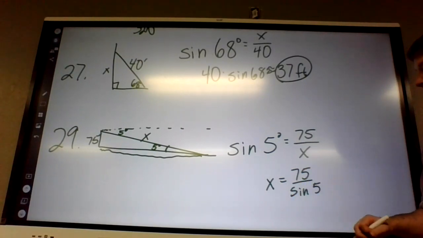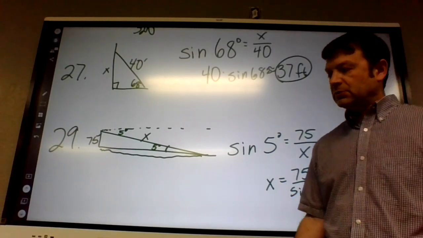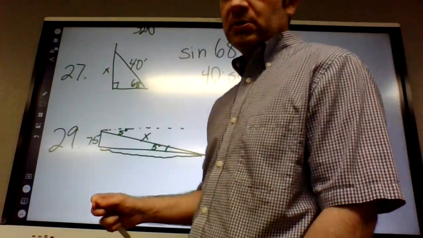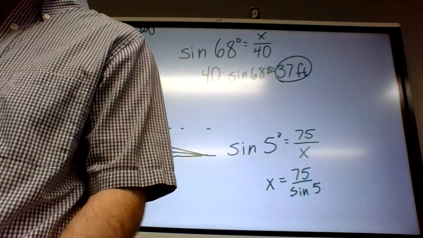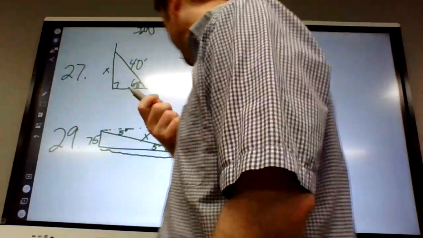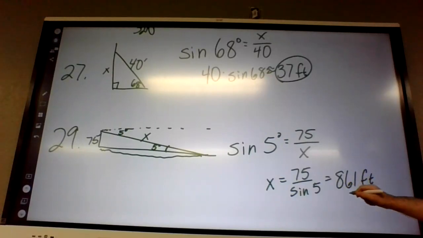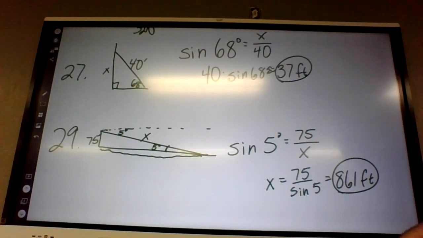So it's 75 divided by sine of 5. Yep. I'm done.